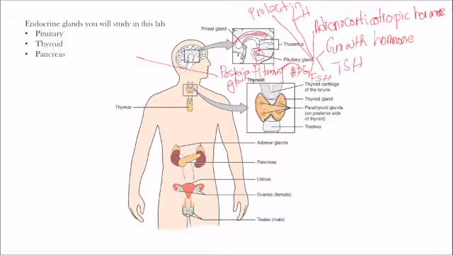It produces two hormones: antidiuretic hormone and oxytocin. So make sure you remember these things. That's very important.